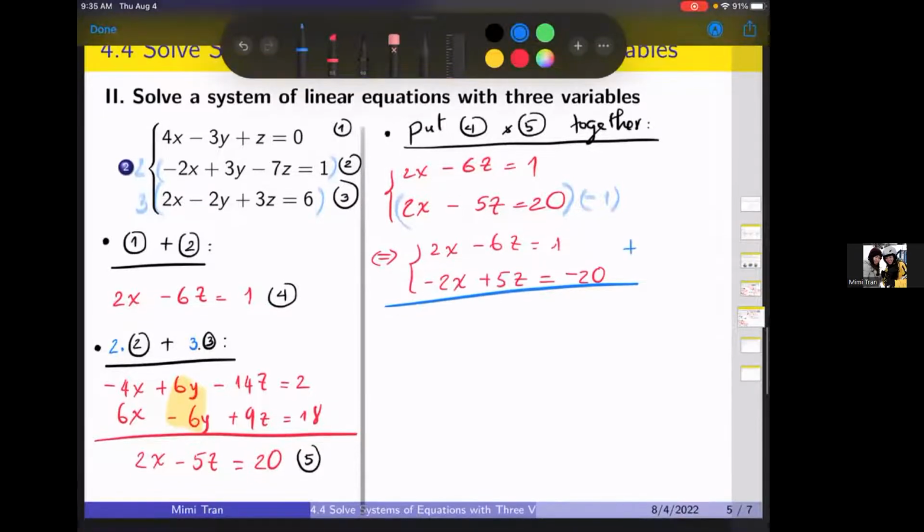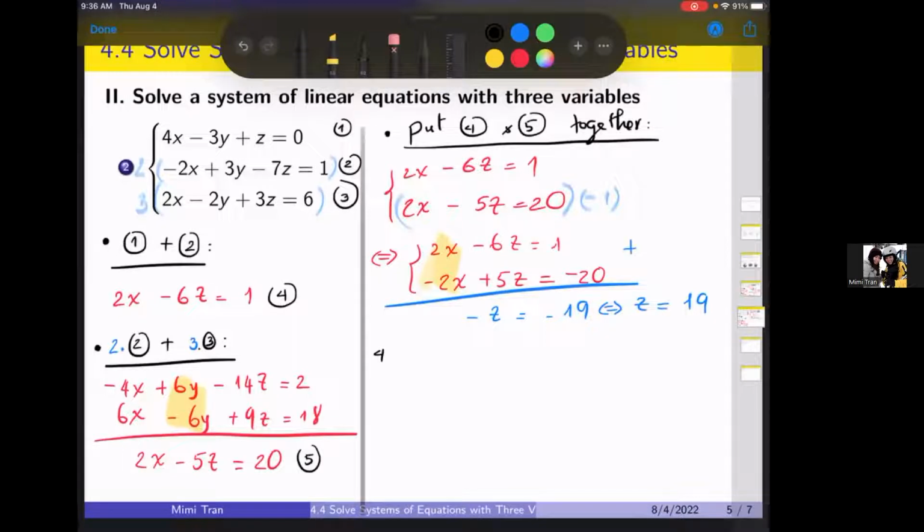You add. So I got negative z equal negative 19. This implies z equal 19. Okay, now you got z. What do you think I'm going to do? I'm going to plug back to equation 4 to solve for x.